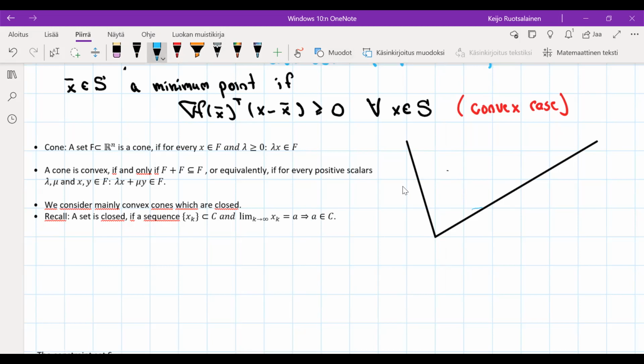So we might have something like this, and these blue curves are not anymore circles, but they are ellipses.